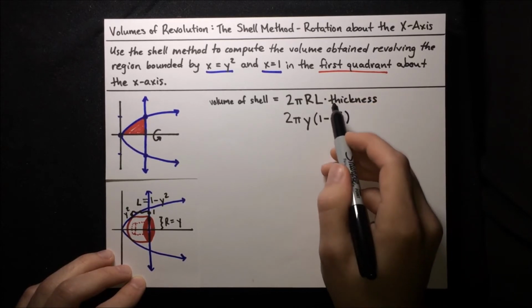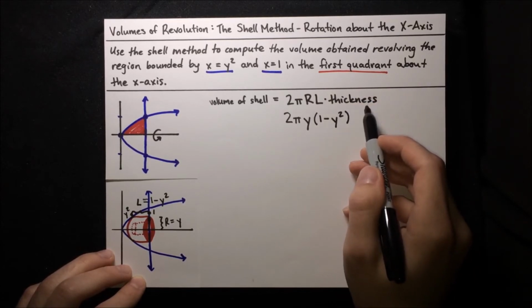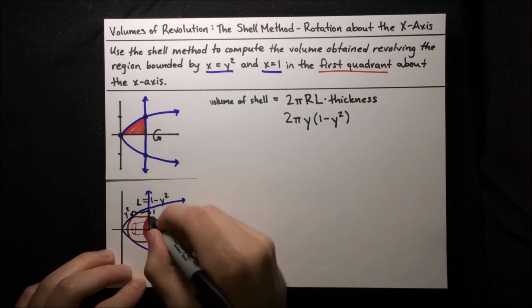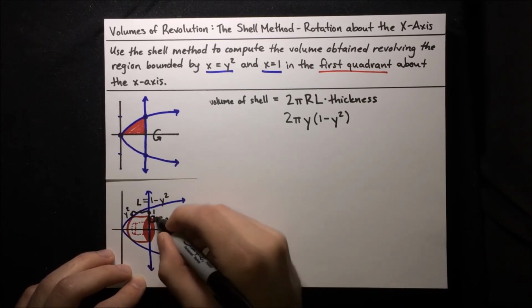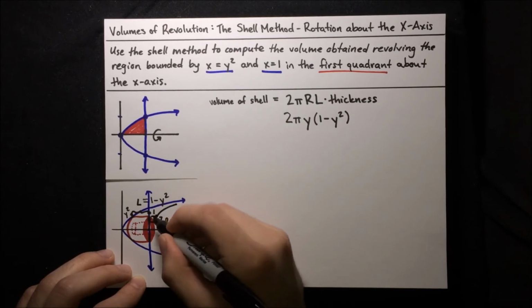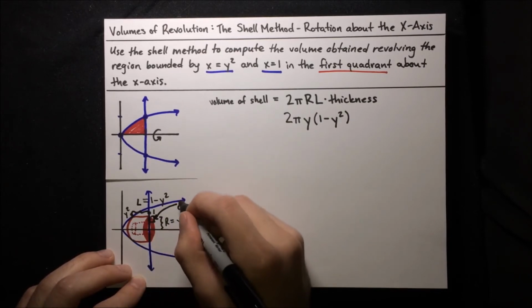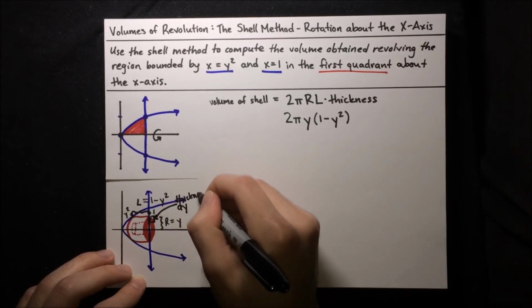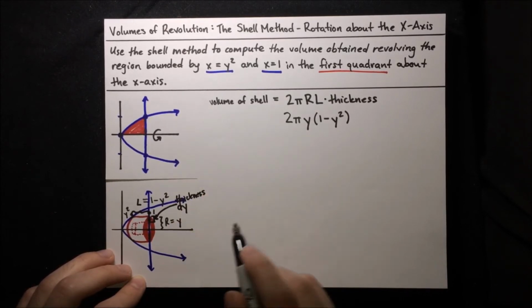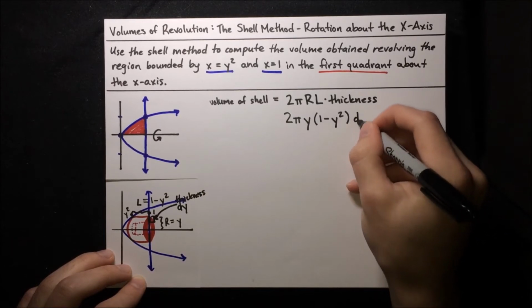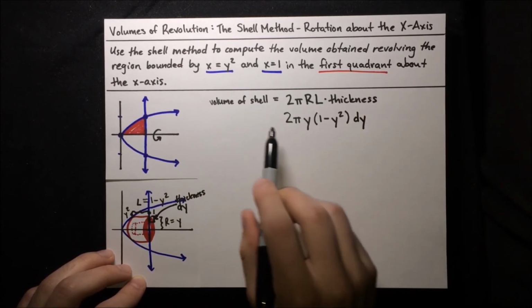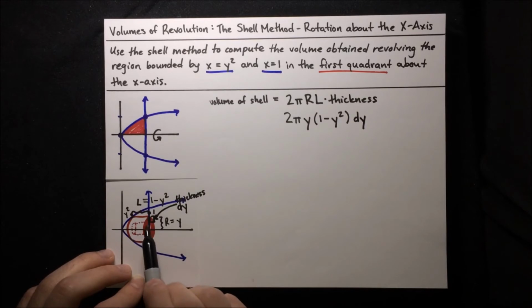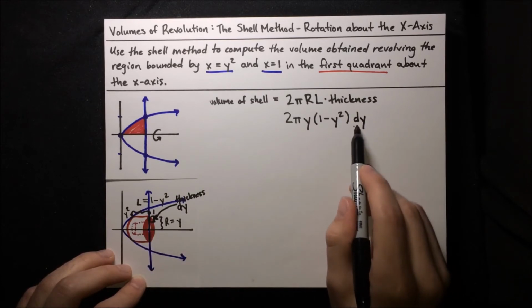And then lastly, we have the thickness. The thickness is just the thickness of the wall of our shell. So that's just the distance here, and that distance is going to be a small change in y. So dy. That's the thickness. Okay, so thickness is dy. So that is going to be the volume of one of these shells, an infinitesimally thin shell with thickness dy.